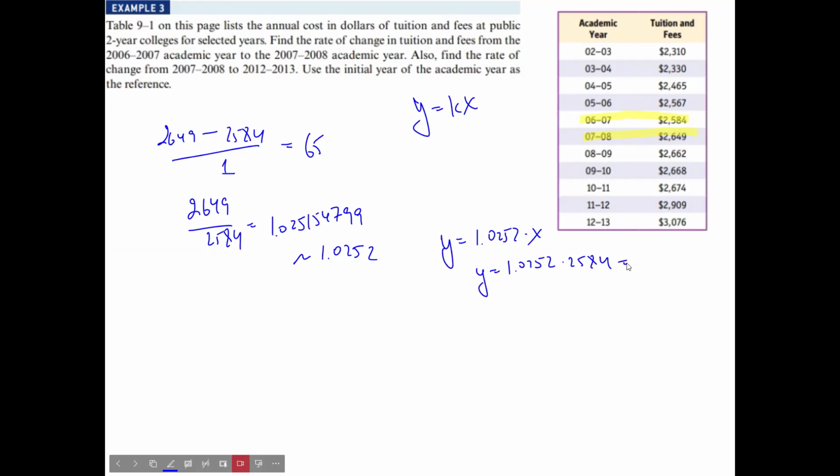So 252 times 2584. You have 2649, 11. So this discrepancy is because of what we rounded, right?